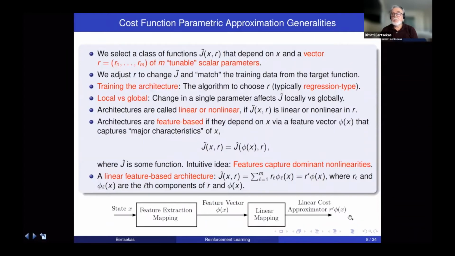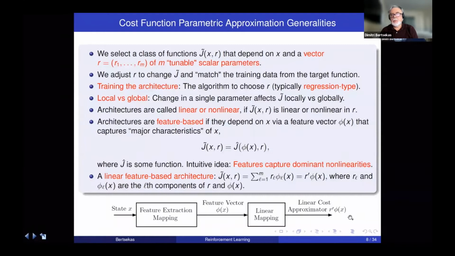So we're going to give now some examples of approximation architectures. Are there any questions? I have a question. So R here is some weight we need to decide. So we don't know what R is, right? We don't know what? I'm sorry, please repeat. The value of R. The value of R is some unknown weight, right? Yes, that's the object of training.